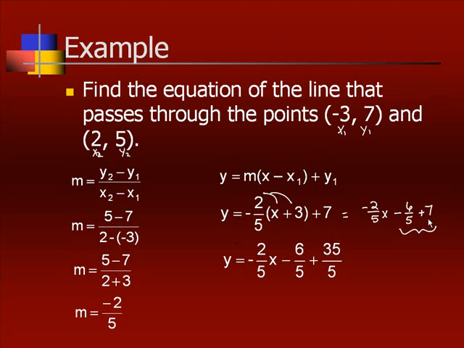Well, to do negative 6/5 plus 7, you have to remember that 7 is 7 over 1, and an LCD is 5, so we're going to rewrite 7 over 1 as 35 over 5. Now we're able to combine like terms, and we get y equals negative 2/5 x plus 29/5.